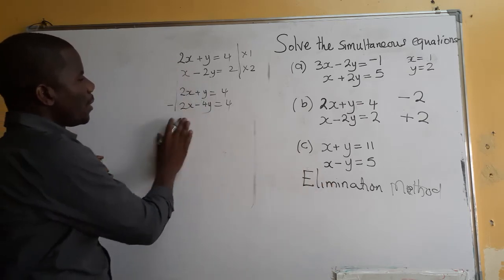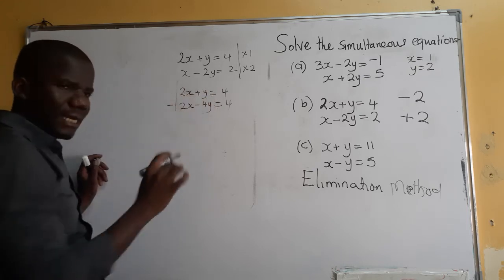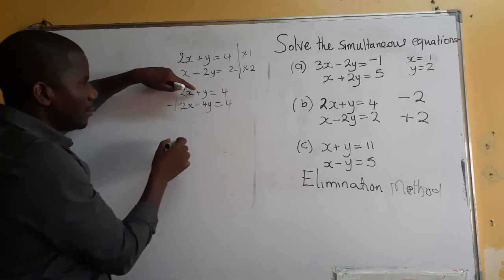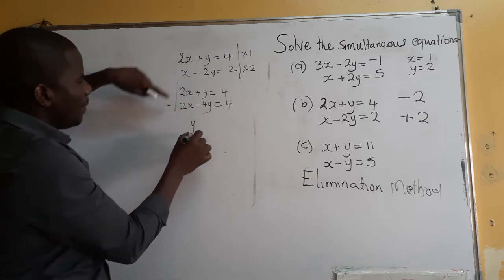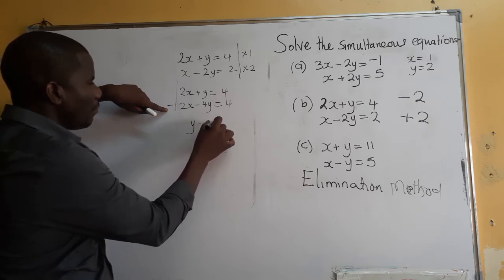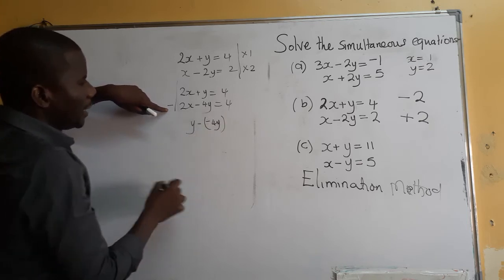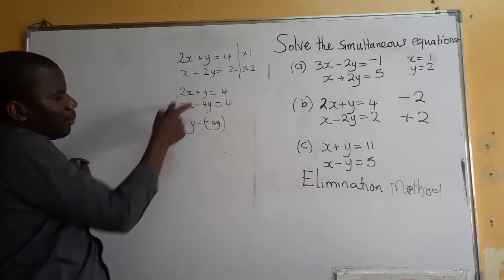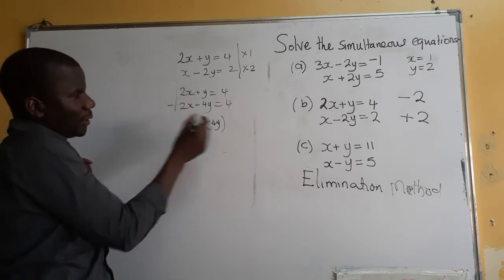Then now, we come to the next one. You need to be very mindful of the signs. So here we have y minus minus 4y. This is very important. Okay? And if there was a minus here, we were supposed to indicate it here. It's very important also.